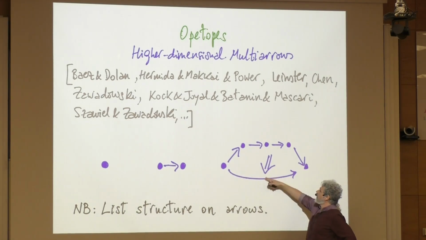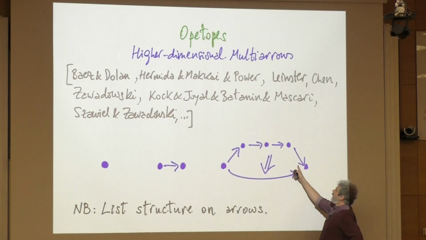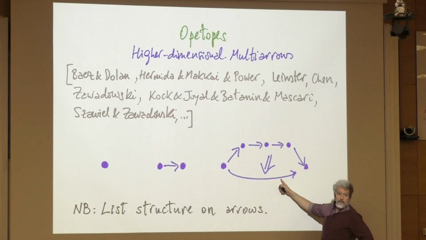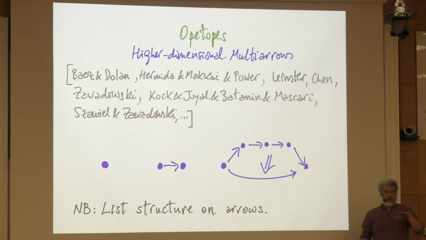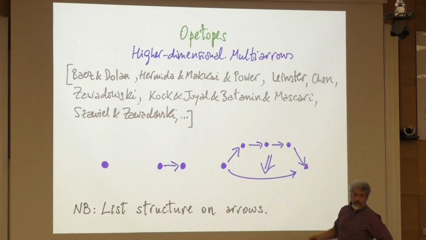A two cell is going to be from a list of composable one cells into only one cell. This list structure is crucial, and in fact is going to permeate all dimensions. What we need to do is really understand in which sense we are dealing with list structure. That's one part of the talk.